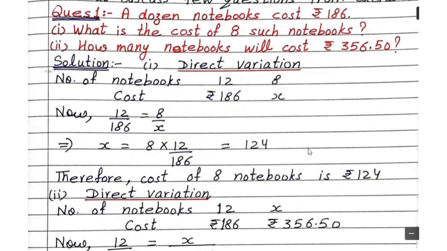Now see the second part of the same question. How many notebooks will cost rupees 356 and 50 paisa? Now here we need to find the number of notebooks, right? So let us see how to find the number of notebooks here.